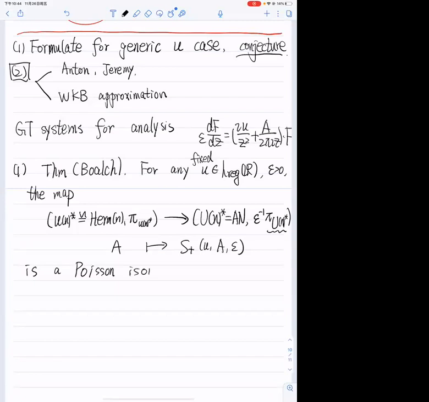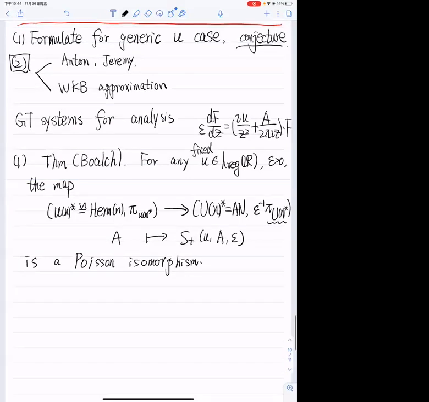Yeah, this first appears in Philippe Boalch's work, right? Yeah. See, this setup is basically Anton and Xiaomeng's setup, right?